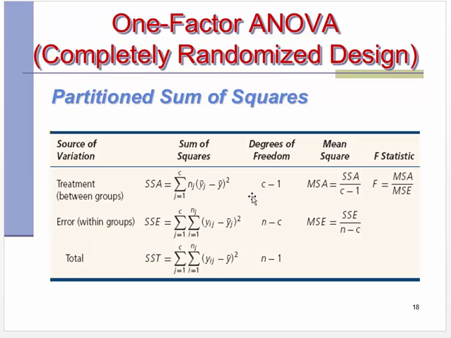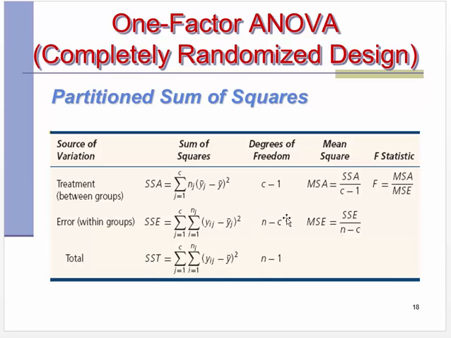The degrees of freedom for SSA is C minus 1, where C is the number of treatment groups or treatment categories. N minus 1, where N is the total number of observations, is the degrees of freedom for sum of squares total.